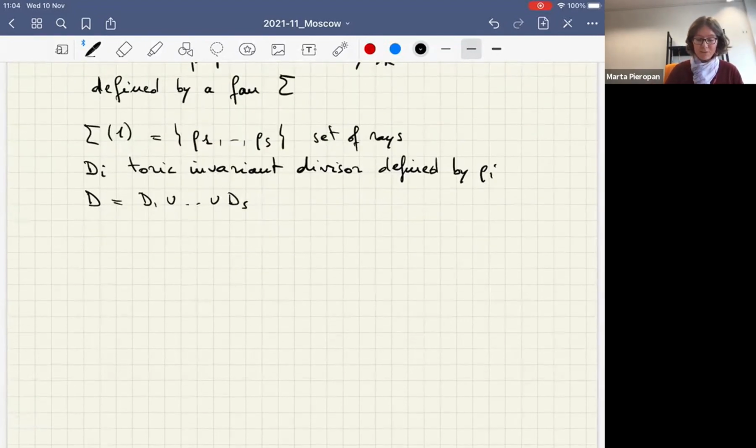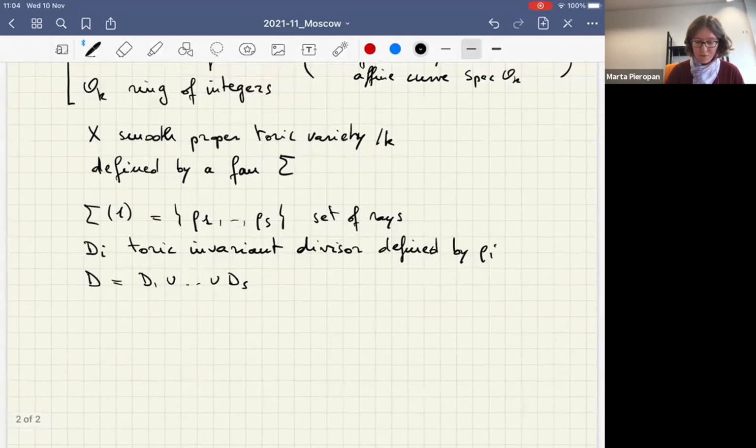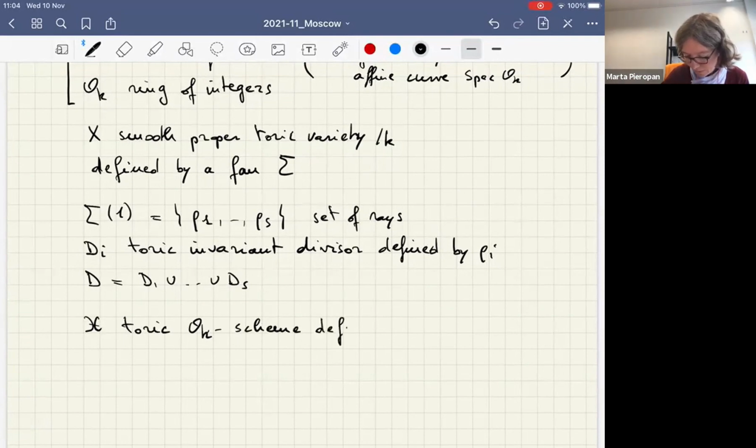All right, so this is the first part, but now I fix both a field and some ring inside of it. So I'm also going to construct a model over this ring. So my curly X is the toric O_K scheme, which is defined by the same fan, sigma.